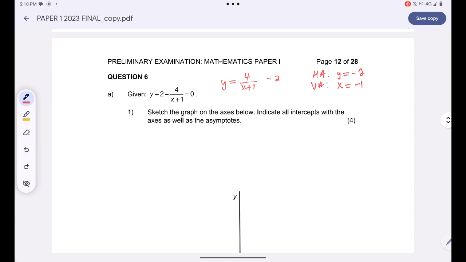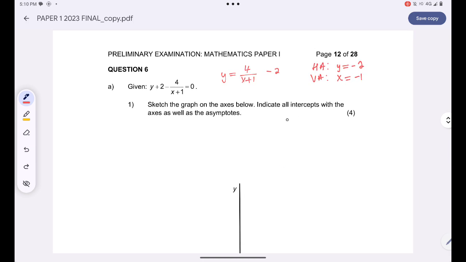The next thing I need to do is to find both the x and y intercepts. For the x-intercept, I just have to make y equal to 0 and solve for x. I'll say 0 on the left-hand side, I have 4 all over x plus 1, minus 2.